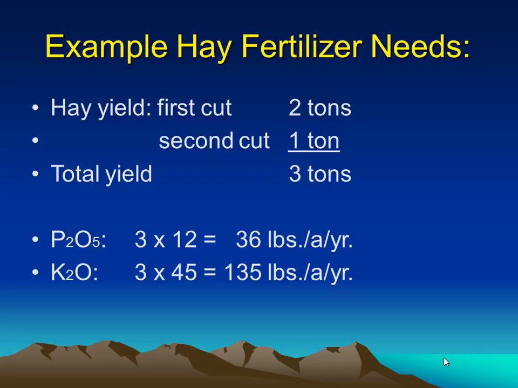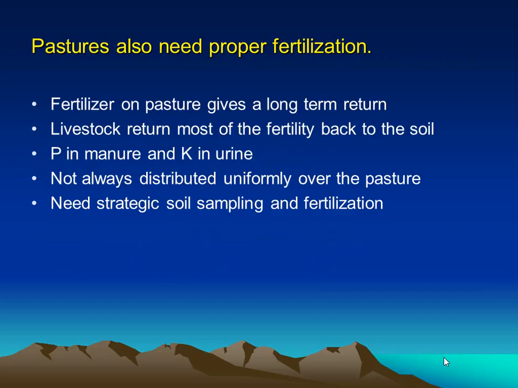Now, if I were using triple 19, how much do I use? Not the right ratio, is it? So you get a blend fertilizer. That's one way to do it. And I've left nitrogen out of here, haven't I? And that's because I'm assuming I'm going to run it with clovers. But we'll get to that.